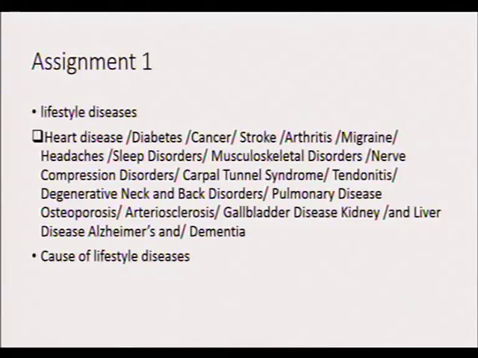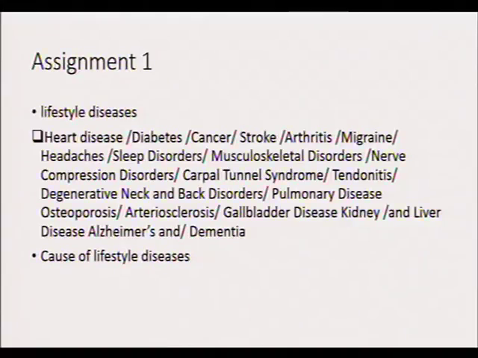Because of the junk food you're eating, you create diabetes or sugar sickness. Your sugar level is very high. At the end, you might get cancer. Because of your poor heart condition and high cholesterol, you might suffer a heart attack, you can get a stroke. Also other diseases: migraine, headache, sleeping disorder, the list goes on. At the end, your kidneys can be affected.